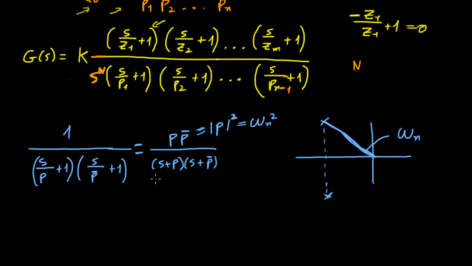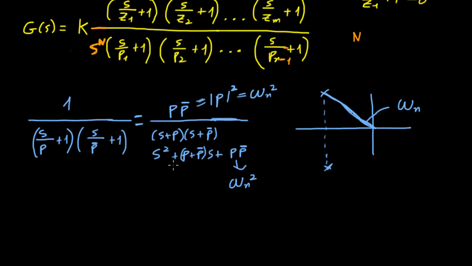If we do the operations in the denominator, we have s squared plus p plus p bar times s plus p times p bar. And we've just seen that this is equal to omega n squared.